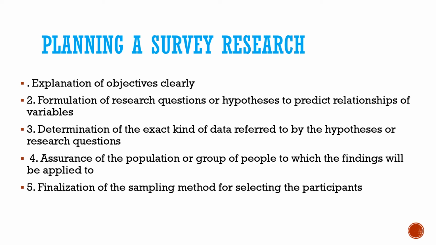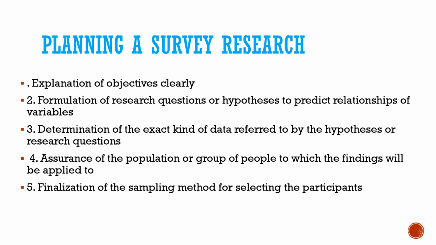Fifth, finalization of the sampling method for selecting the participants. In this case, it should be finalized what kind of method you're going to use in getting your participants. Normally, we are using the 0.05, or the 5% margin of error, in our population, wherein we do expect that there is a possibility of error within our respondents.